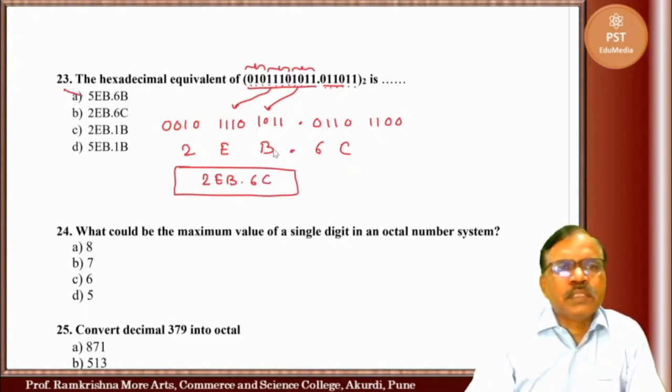So out of these, the first one is not correct. The second one, 2EB.6C, is the correct one. Now this is not correct, this is not correct.